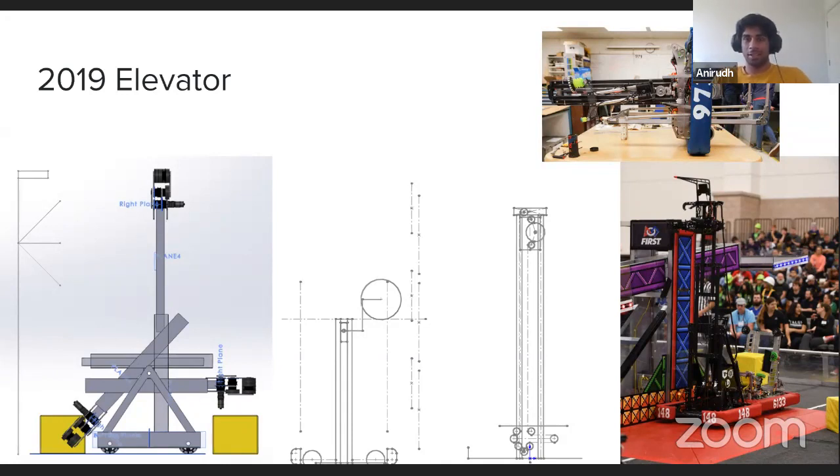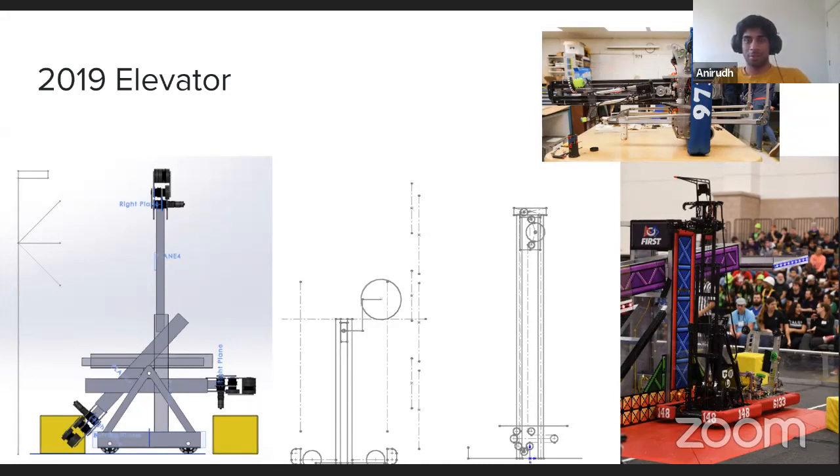I would like to say the 2020 shooter. I did a big part of early prototyping for that, and I thought it was very fun because you get to make something that shoots balls really fast. That's a very personal thing that I like.